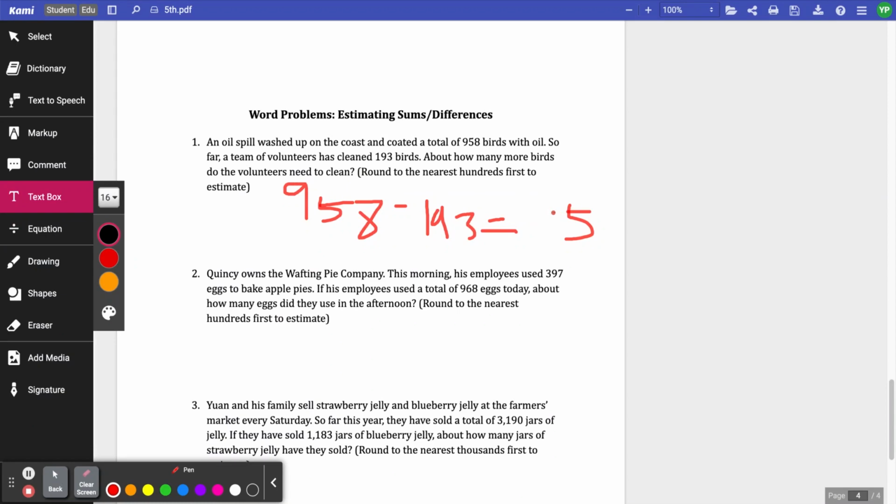Yeah, so 15 minus 9 is 6, and 8 minus 1 is 7. And since a 6 is greater than 5, you round to 800. So the answer for number 1 would be 800 birds.